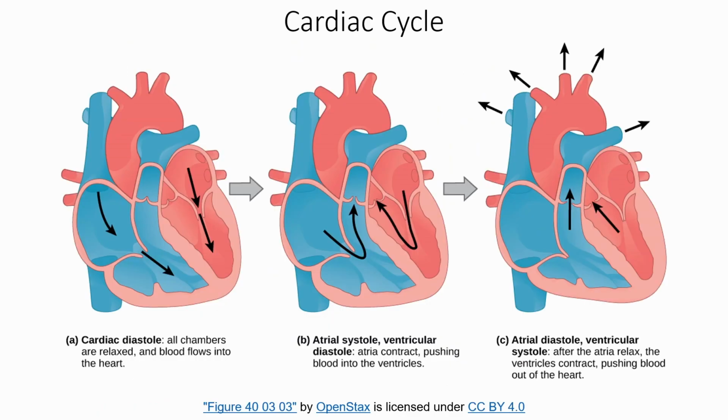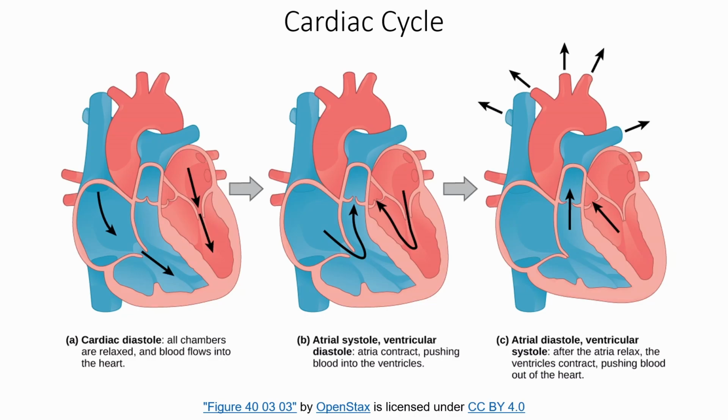And then we look at what's going on in terms of the cardiac cycle, which we were talking about, the heartbeat. We have really 3 steps. We have cardiac diastole, where everybody's relaxed, right? All 4 chambers are relaxed. Blood flows into the heart, no problem. Then we have atrial systole and ventricular diastole. This is where the atria have contracted and the ventricles have not contracted. The ventricles are relaxed.